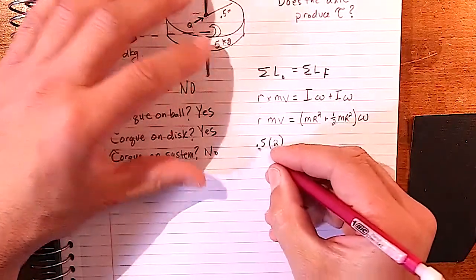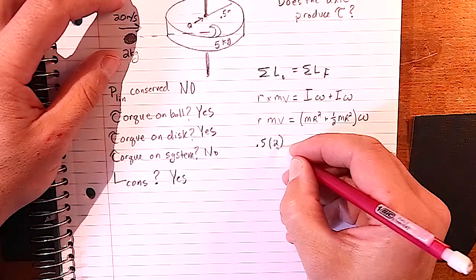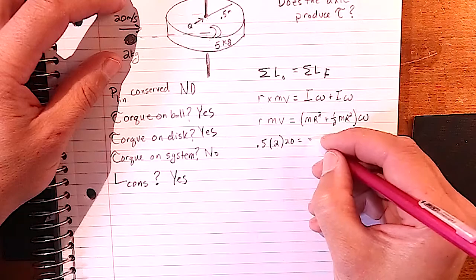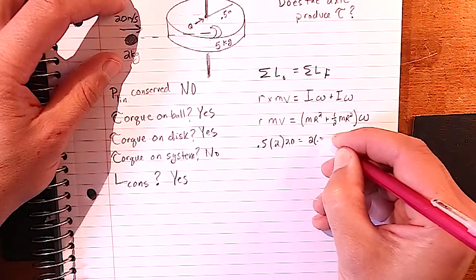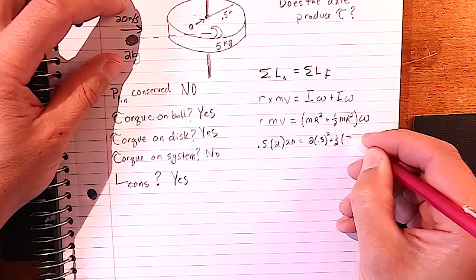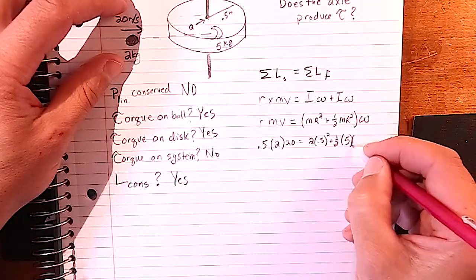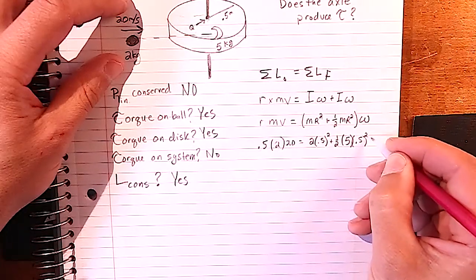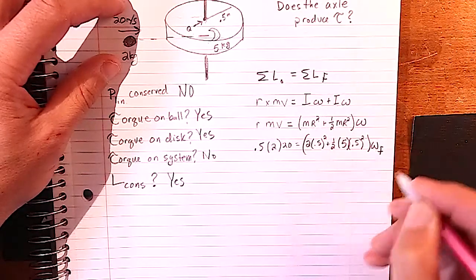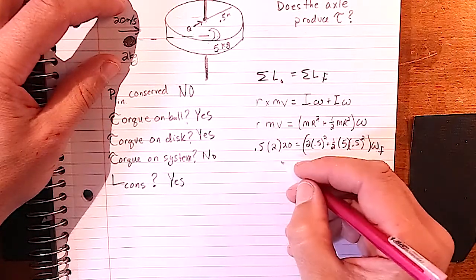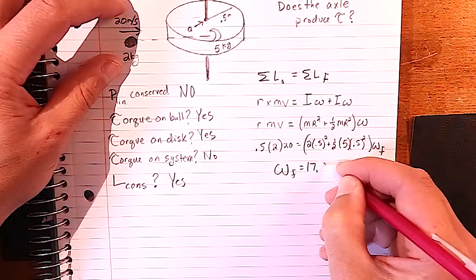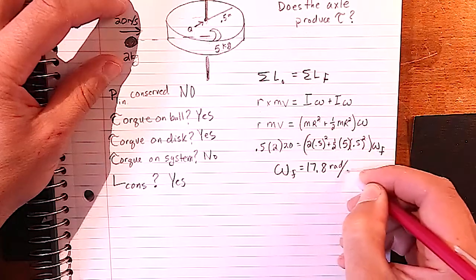The ball is 0.5 meters away, 2 kilograms at 20 meters per second is equal to, and then we have the ball at 0.5 away, plus 1/2 the disk, which is 5, and that has a radius of 0.5 squared, and all of that times our omega final. And so when we do the math for that, you end up with omega final is equal to 17.8 radians per second.